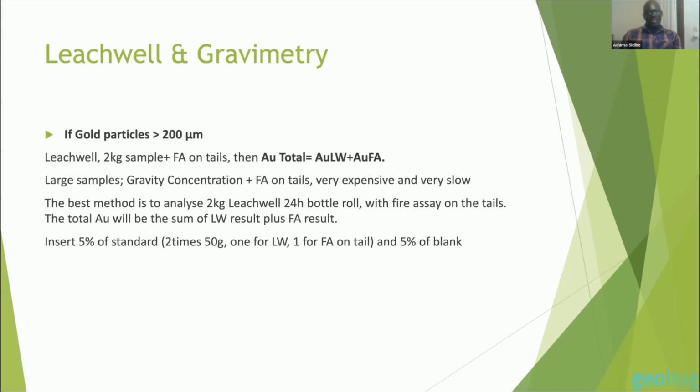Leachwell and Gravimetry: if gold particles are higher than 200 nanometer, we have to use Leachwell. We have to use only Leachwell, 2 kilograms of sample, and after that, we have to test the tails with the conventional fire assay.